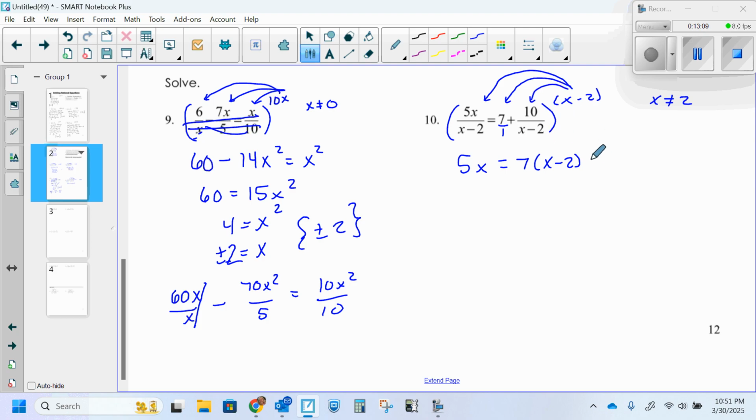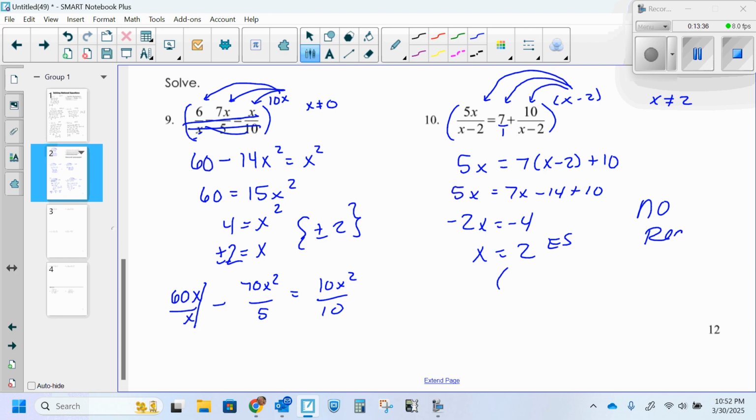Here, the x minus 2's cancel, and we get a plus 10. I'll just bring the 7 over, it's fine. Uh-oh, we get x equals 2, and that was a domain restriction. So this is an extraneous solution. And since there were no other solutions, this one has no real solutions.